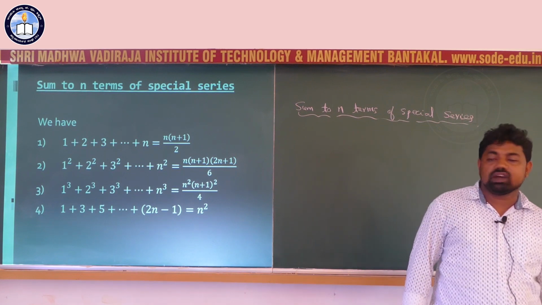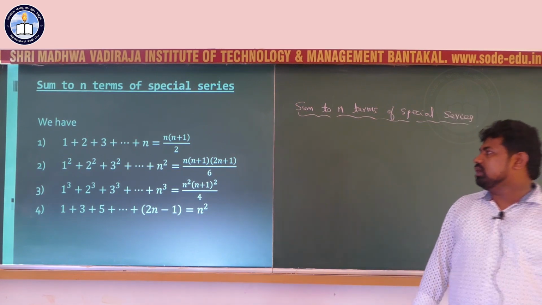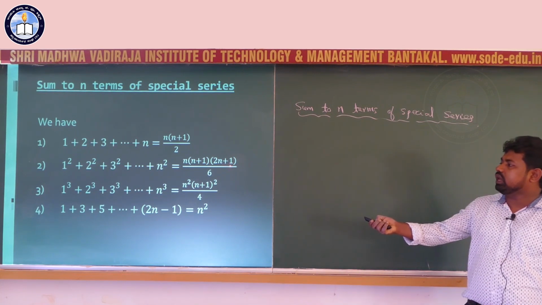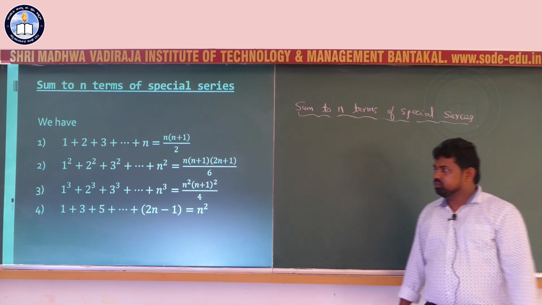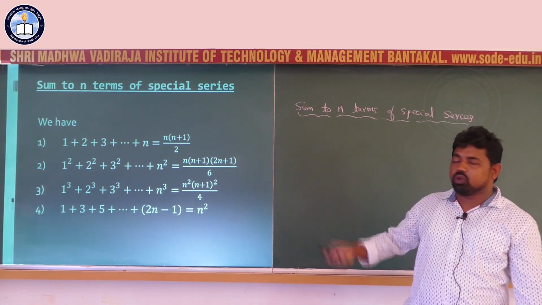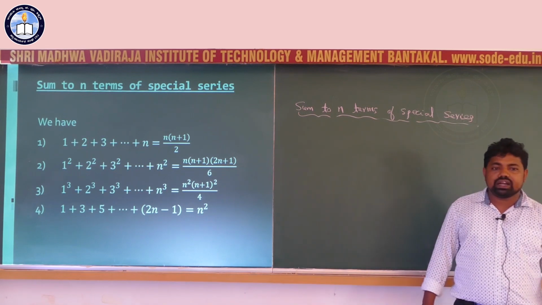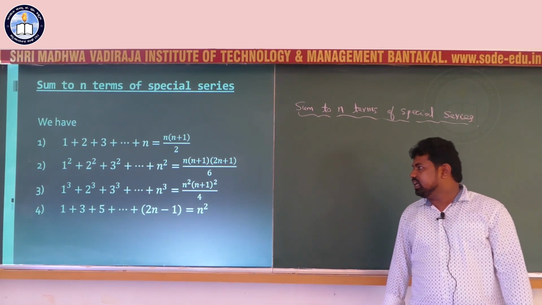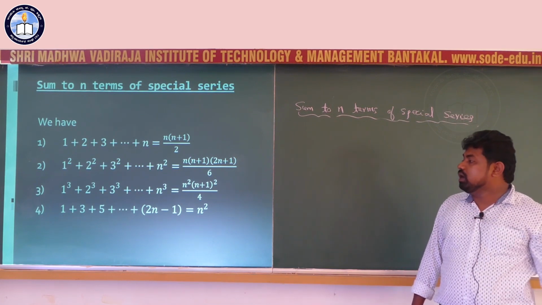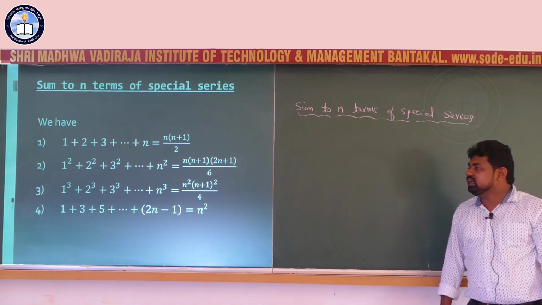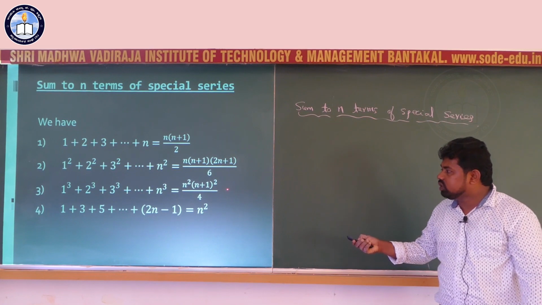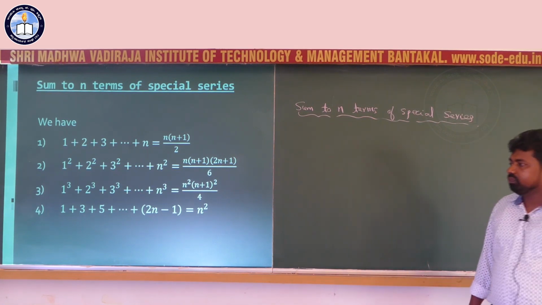Sum of squares of first n natural numbers. Next one, 1 cube plus 2 cube plus 3 cube up to n cube equal to n square into n plus 1 whole square by 4. Sum of cubes of first n natural numbers.